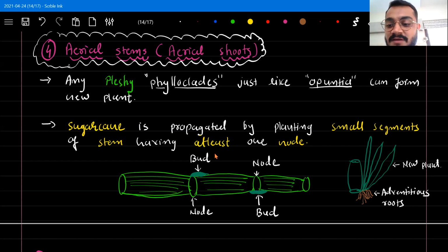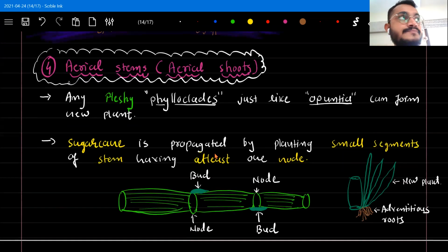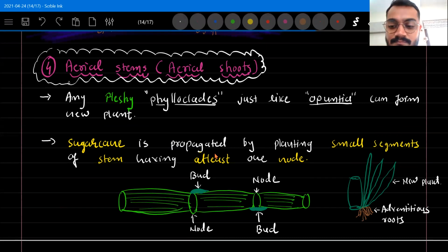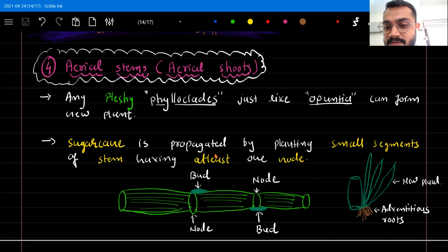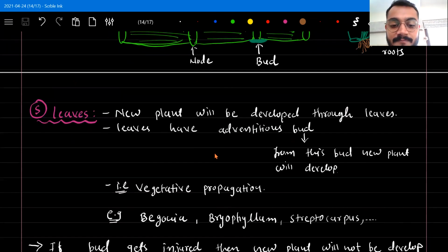That is the biggest advantage of having the aerial stem, and this is how the majority of our farmers plant and create new sugarcane plants.